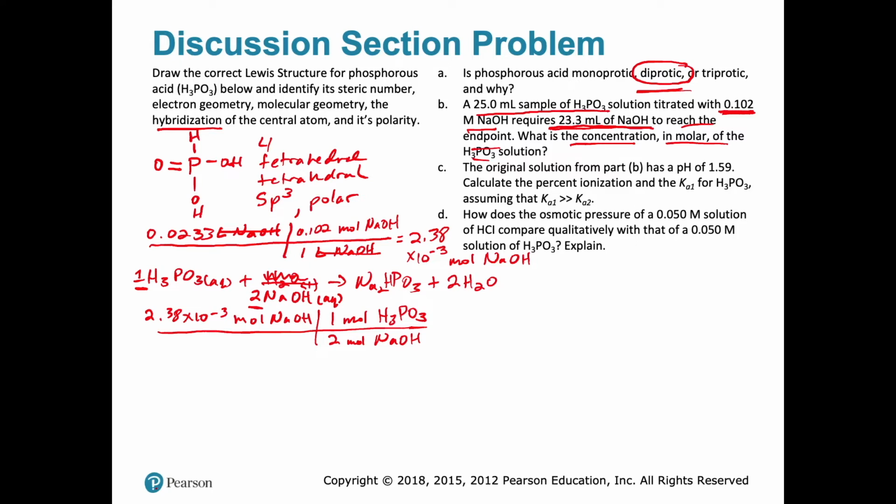See? So the reason why you needed a completely balanced chemical equation here, like Miss Dickens told you in discussion, is because from the balanced equation, you know that for every 1 mole of phosphorus acid, which is in the top row of the dimensional analysis, there are 2 moles of sodium hydroxide at the bottom of the dimensional analysis, right? So awesomely enough, moles of sodium hydroxide cancel out, and you're left with what? Moles of phosphorus acid. Okay, moles of phosphorus acid.